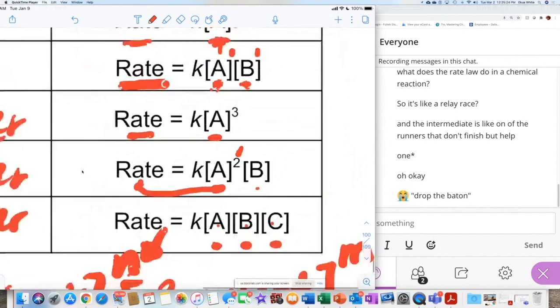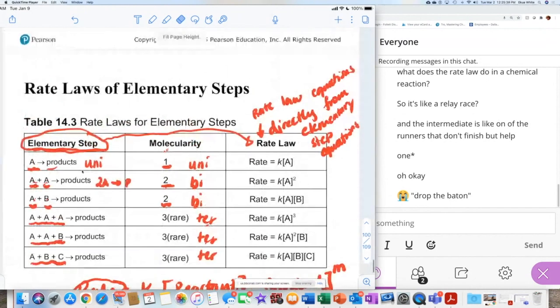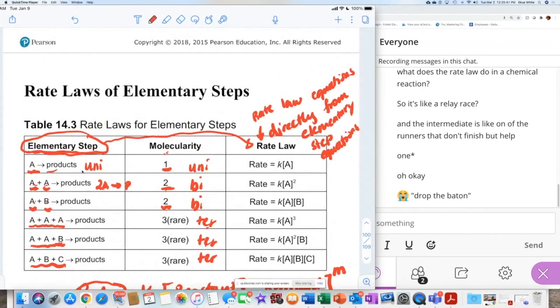But what I wanted to focus on here is what I mentioned before: when you have a regular reaction, you really cannot write the rate law for an overall reaction directly. So while I'm here, I want to restate that. This was stated before.